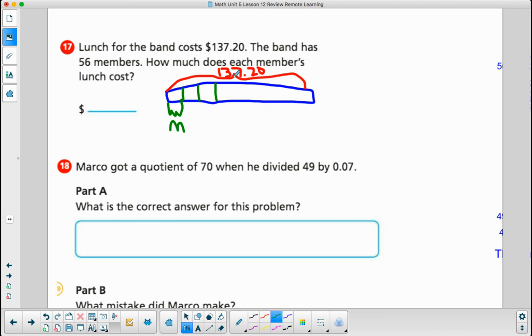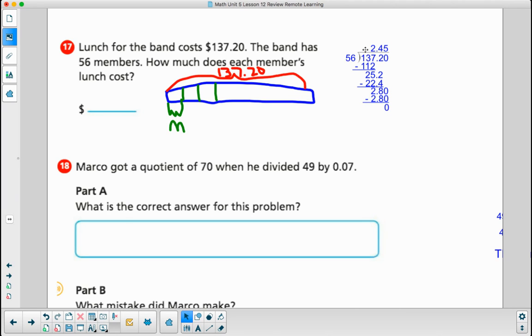Well, that's going to be 137 and 20 hundredths divided by my 56 equal groups. So I did that ahead of time, so you don't have to watch me try and draw. 137 and 20 hundredths divided by 56.